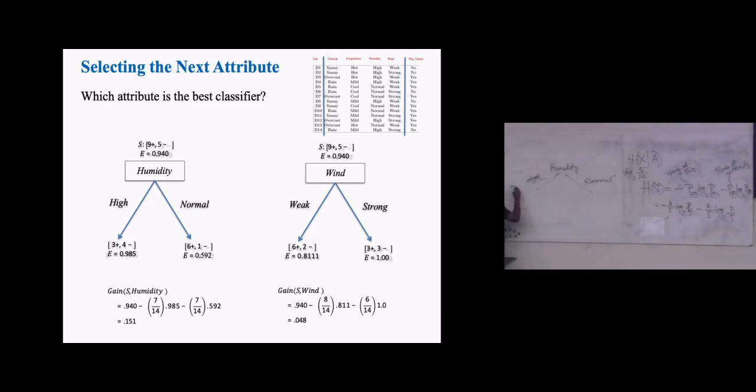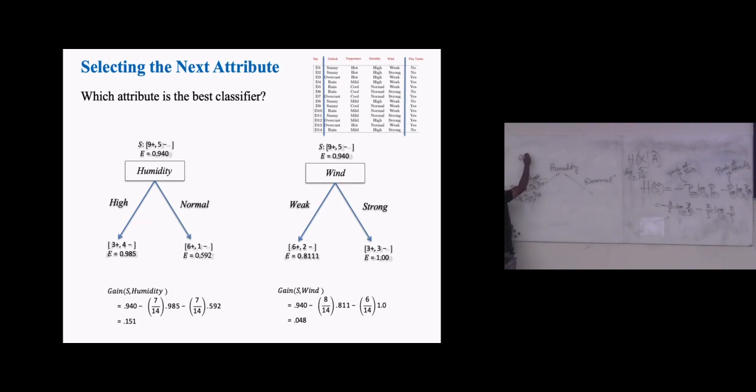D1 goes here, D2 goes here, D3, D4. What else? D8 and D12. D8 and D12. And D14 as well, right? Okay, D14. Yeah, the rest of them goes here. Based on humidity, we are making this split.